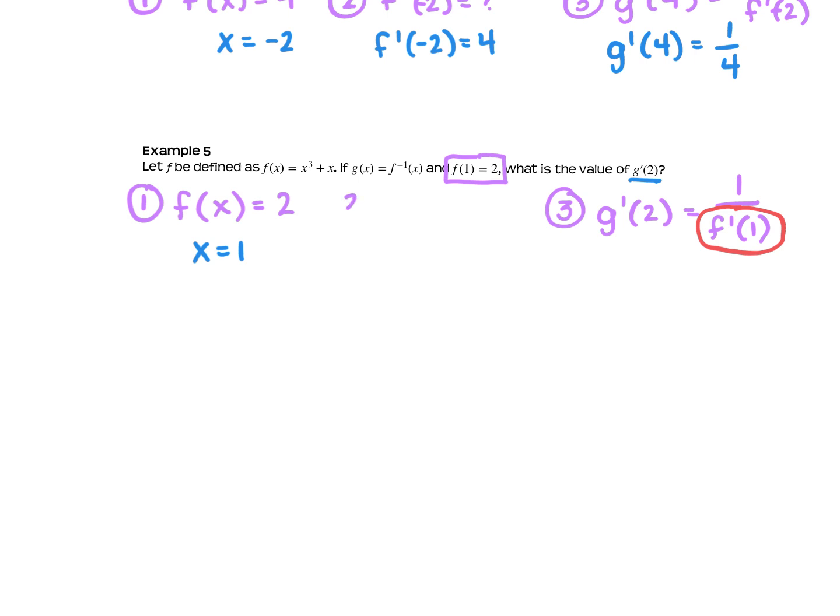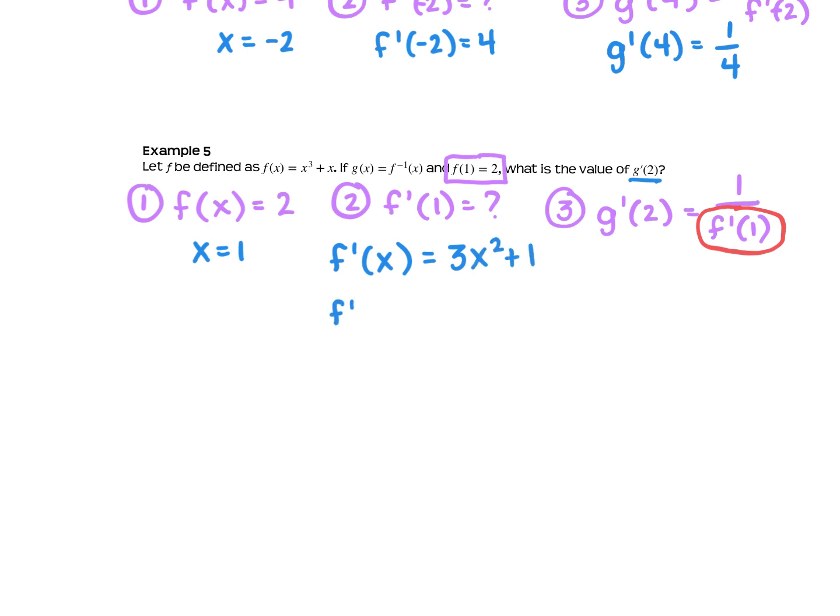So my next mission is to find f prime of 1. Okay, that's old news, though. You guys can find f prime of 1. We just need a derivative, right? So let's start by finding our actual derivative.